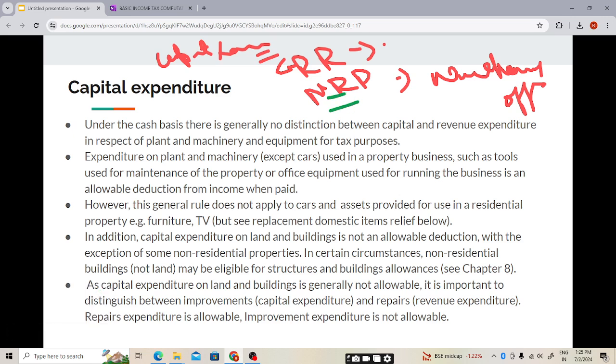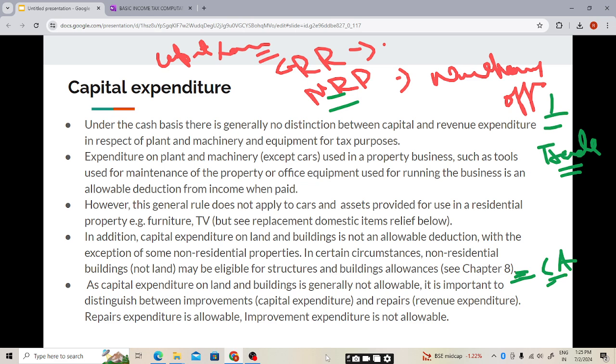Non-residential property, the warehouses and offices which are used by a trader, we will study in our capital allowances chapter, chapter number 8.